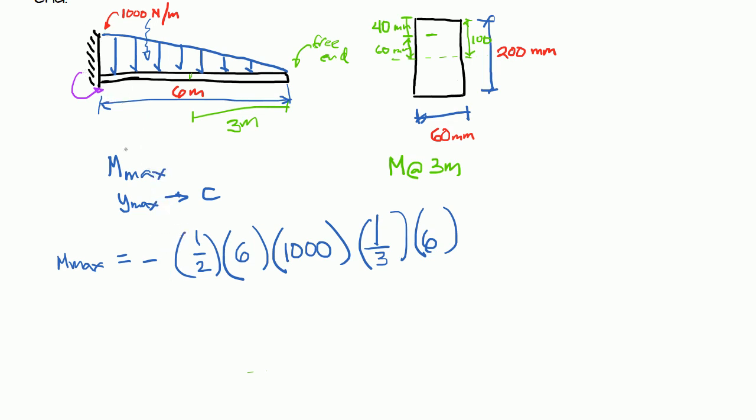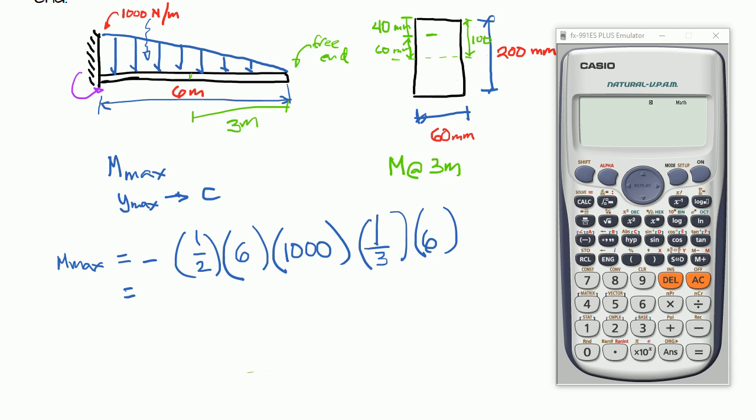Okay. Now, if you compute that, you will find out that it is, okay, there. I brought out a calculator to make it easier. So, negative 1/2 times 6 times 1,000 times 1/3 of 6. This is our moment arm.